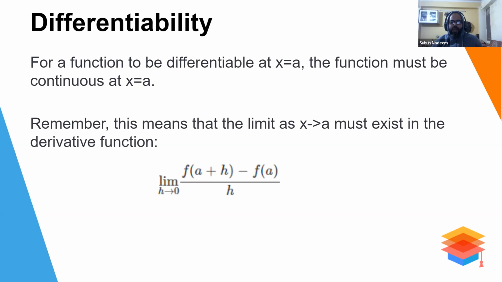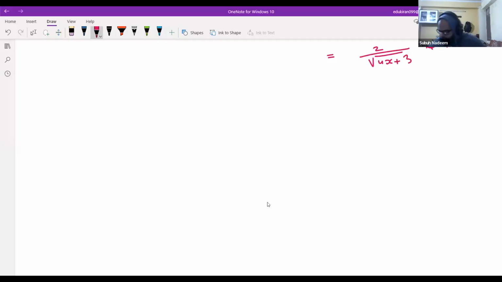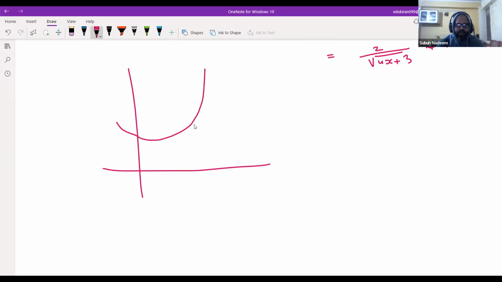Let me share something with you. What do we mean by derivative and continuous? This will come in the next slides also. So suppose this is a graph.